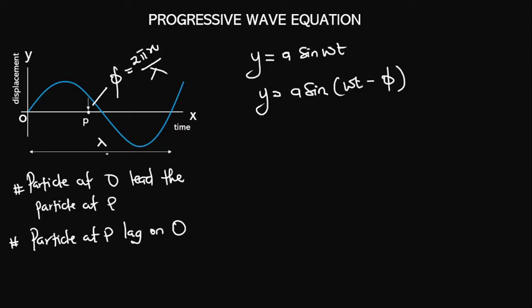Because already we said the particle at O will move before the particle at P, we need to subtract the phase angle from the displacement equation of the particle at O to get the displacement equation of the particle at P. Now, the angular velocity is given by 2 pi v on lambda.